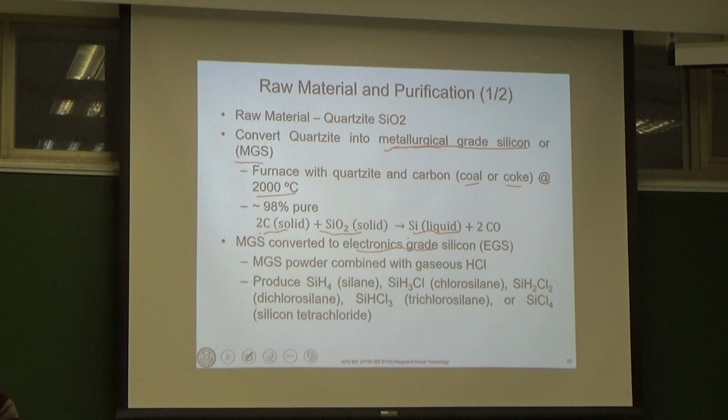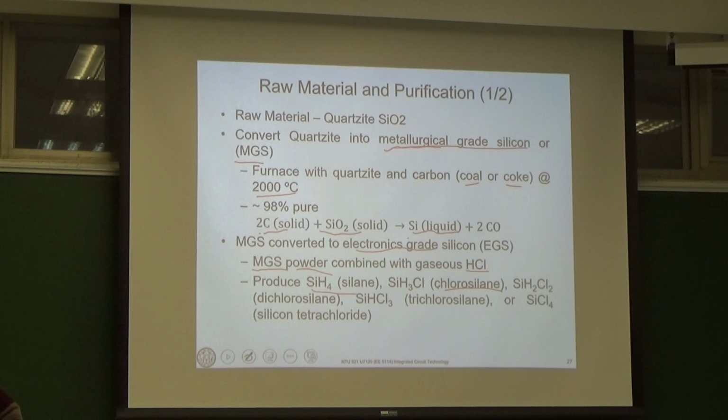That is the grade used for making electronic components. So we put this MGS powder combined with HCl, and that will produce silane, or chlorosilane, or dichloro, trichloro, or tetrachloride.